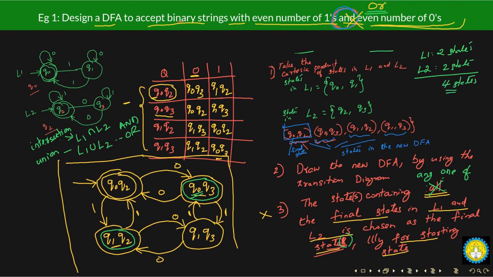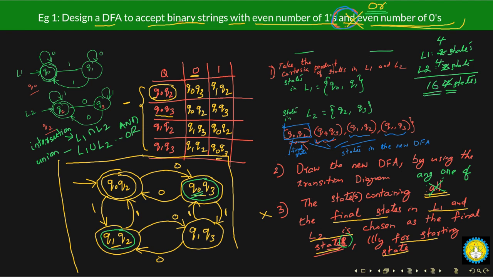So remember, this method can be made practical only if the number of states in L1 and L2 is less than or equal to 3. If L1 contains 4 states instead of 2, and L2 also contains 4 states, let's say, then the Cartesian product will contain 16 different states.